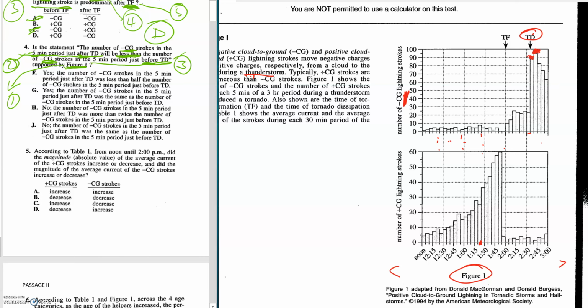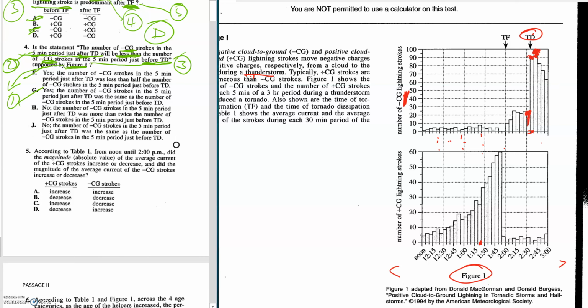So just before this one here, it's a lot smaller. So that's it there, and that's it there. So the answer is, are the CG strokes in the 5-minute period after less than? It's no. They're clearly much higher. So any answer that has yes is gone.